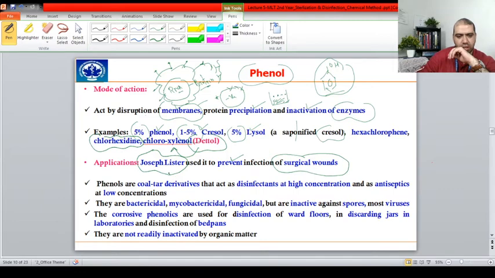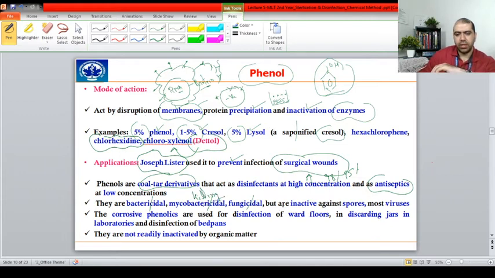Phenols are coal tar derivatives, and they act as disinfectants at a higher concentration, around 95% or 98%. But if you lower the concentration, they also act as antiseptics. They are bactericidal, microbicidal, fungicidal, which means they have a killing effect on these microbes.